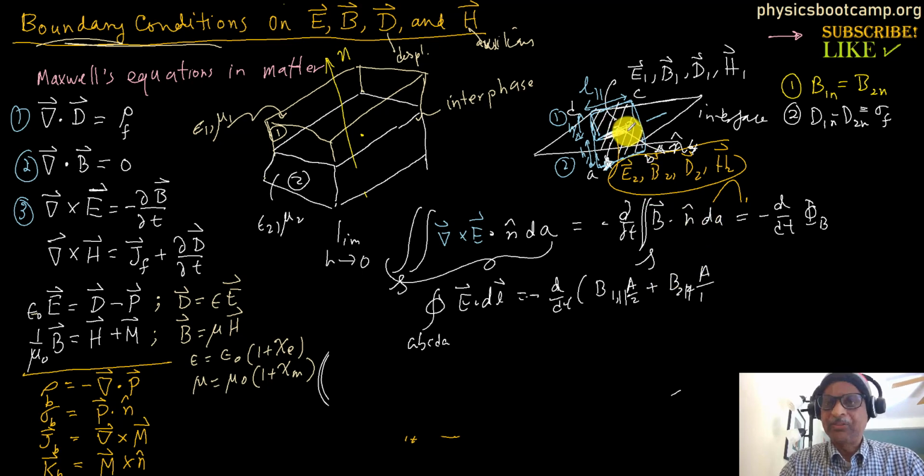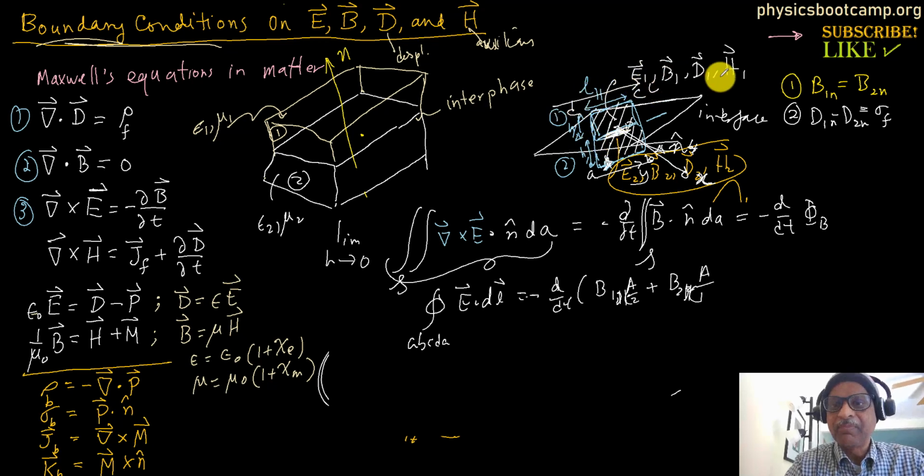So if this is called x, then this would be B1x and B2x. This will be perpendicular to x, so it will be a direction like y. So the y is this way. Just write it down like that.